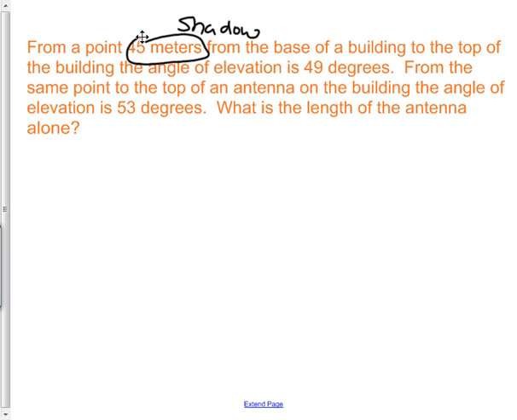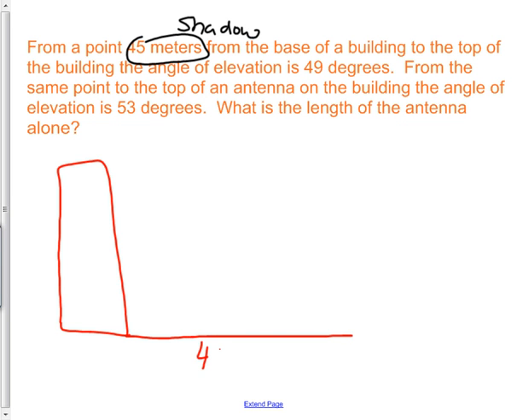So from a point 45 meters, like I said, it was the shadow, from the base of a building to the top of the building is 49 degrees. So here's our building. Again, we have a building. And the shadow is 45 meters. And the angle of elevation is 49 degrees to the top of the building.